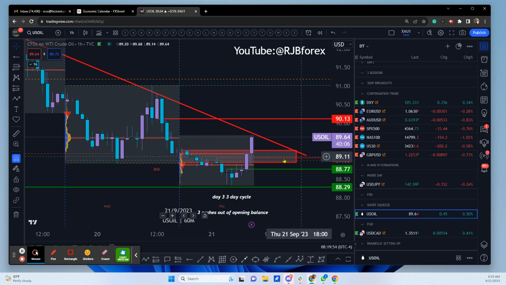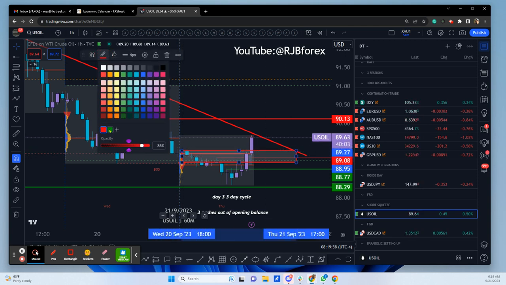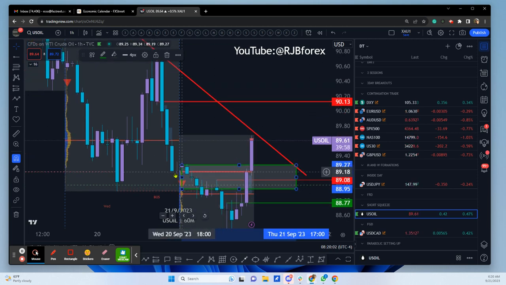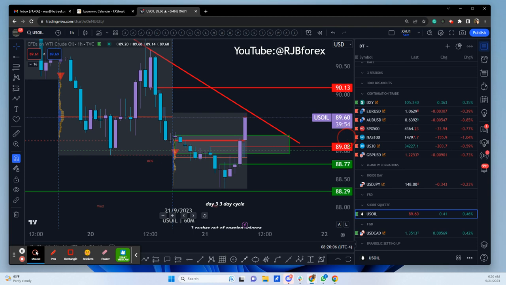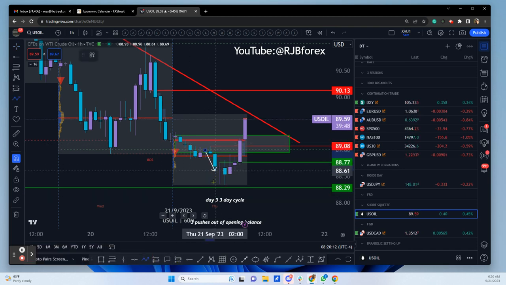So we've now broken that resistance, so I can regard this now as support. Okay, we're above yesterday's closing price here. All right, so that's very bullish. But again, we've got this W formation, and I can expect a pullback.